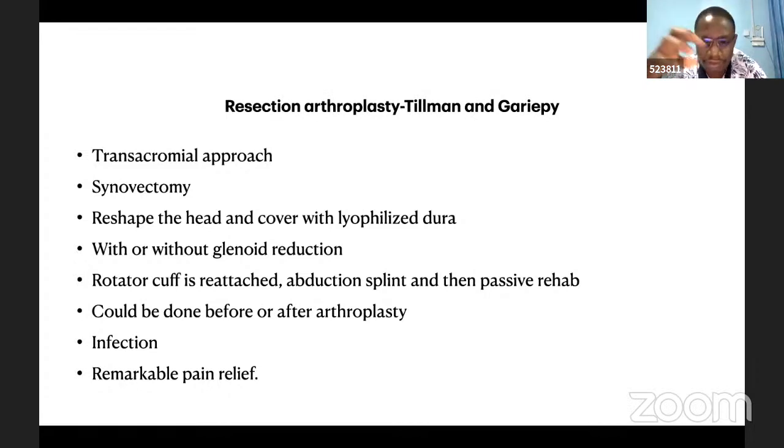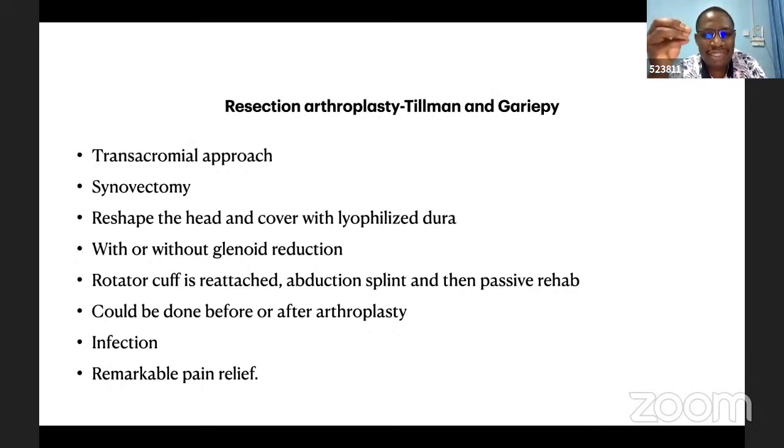Reduce that head of the humerus, sort of chop it, and remove all the osteophytes that you might want to remove. Then you can decide, if you are using the method by Gariepy, to abrade the glenoid also, or Tillmann discouraged abrasion of the glenoid because he thinks that you need the glenoid bone stock.